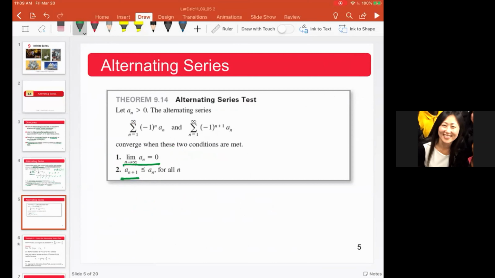The previous term has to be bigger than the term that comes after. So the very first term has to be the biggest, and the second term is the second biggest, something like that. So it's a descending order.